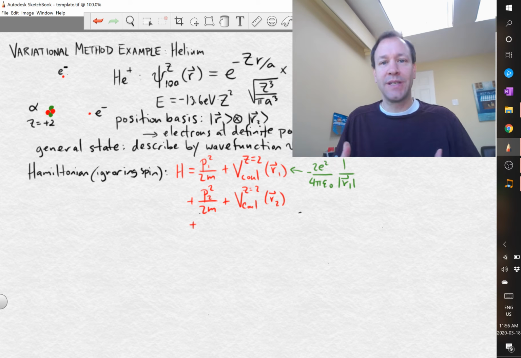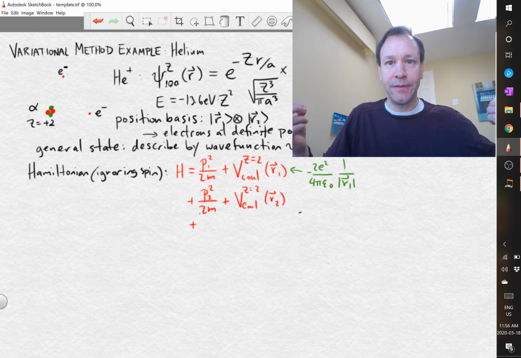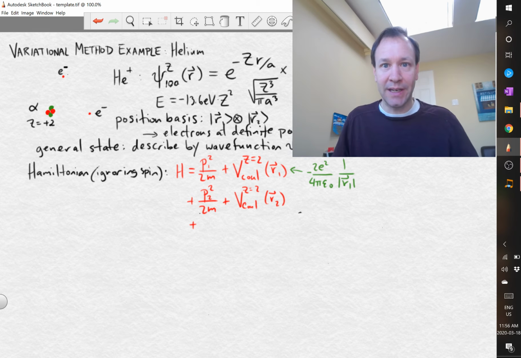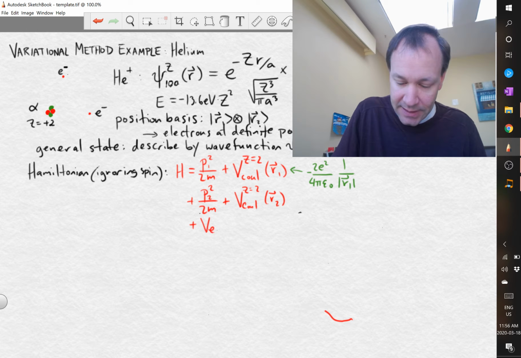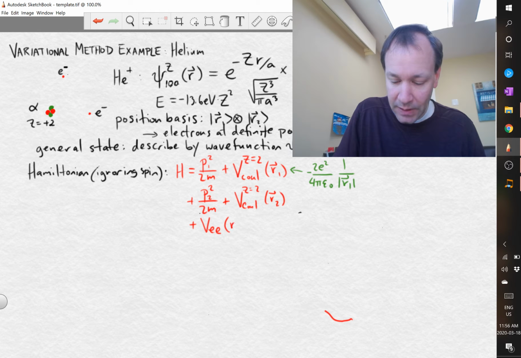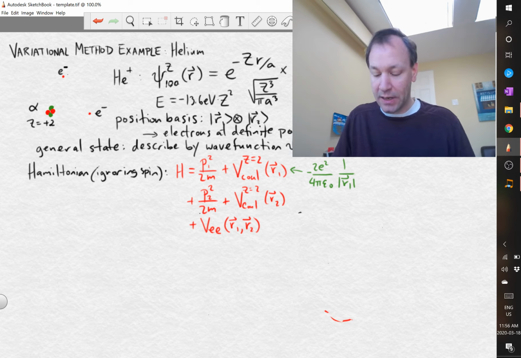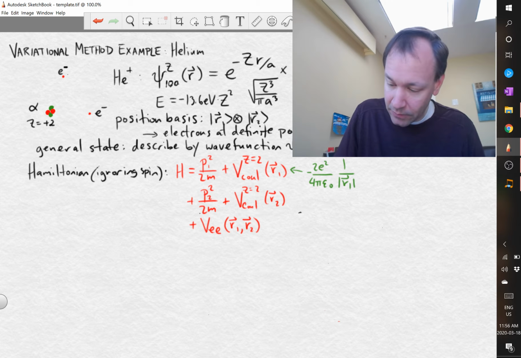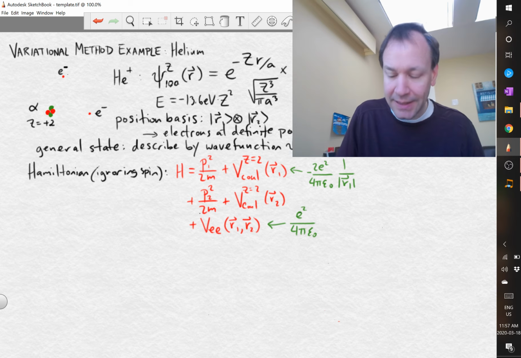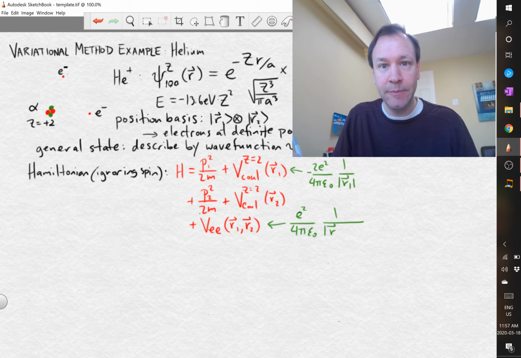But finally we have an important term, which tells us about the repulsion between the two electrons. There is a Coulomb energy that I'm going to write as V_EE. That is a potential which depends on the position of both the first and the second electron. It's equal to e squared over 4 pi epsilon naught, again the usual Coulomb potential, except what comes into it is the distance between the two electrons.